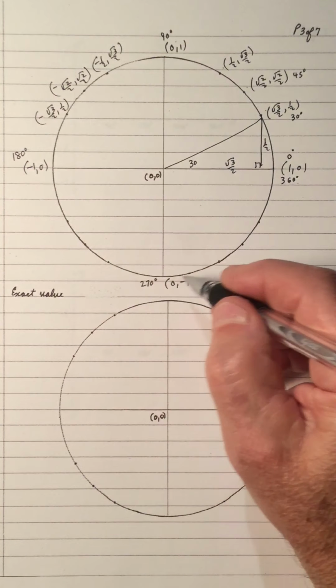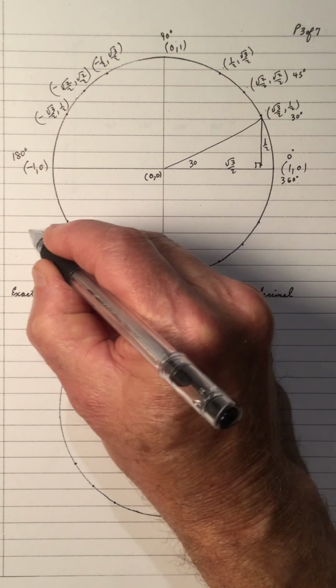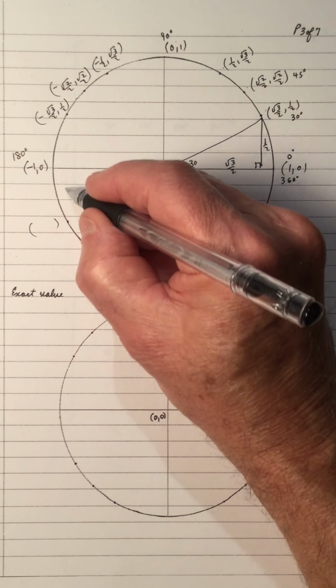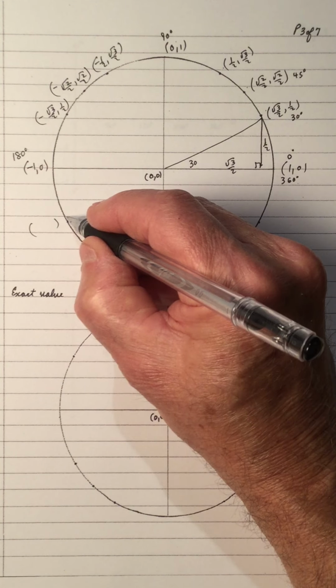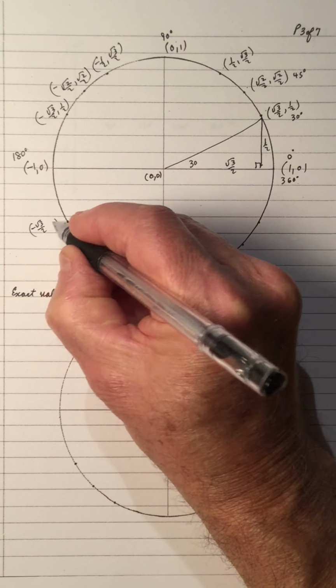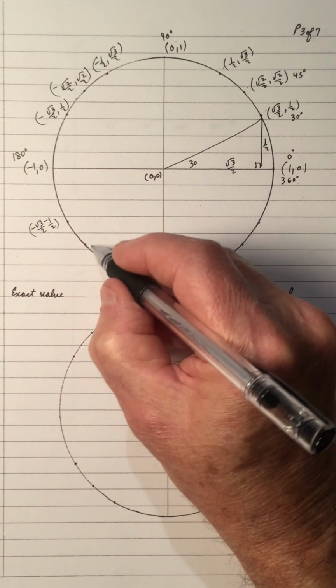And we're rotating around the circle, and when we get to here, notice now I can come down here, the x is negative root 3 over 2, and the y is negative 1/2.